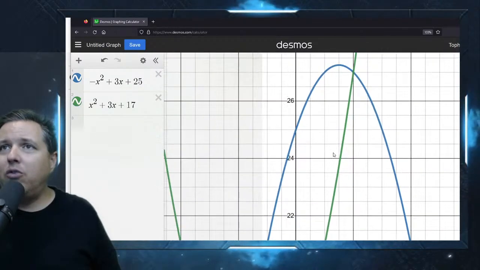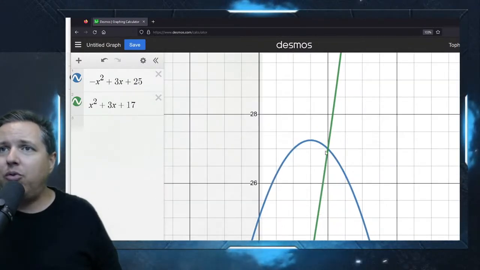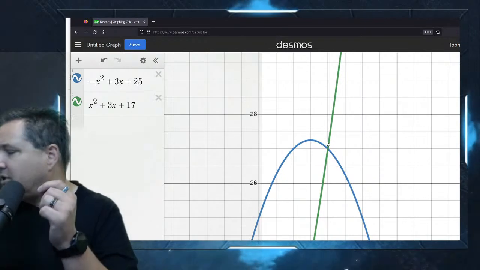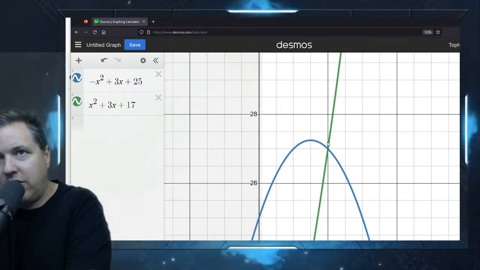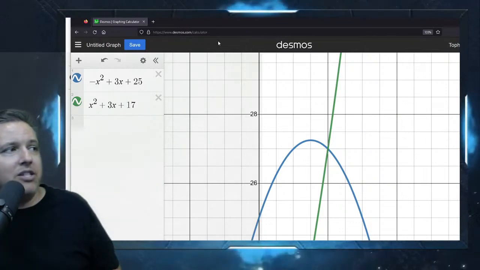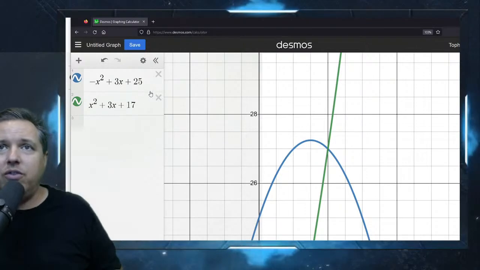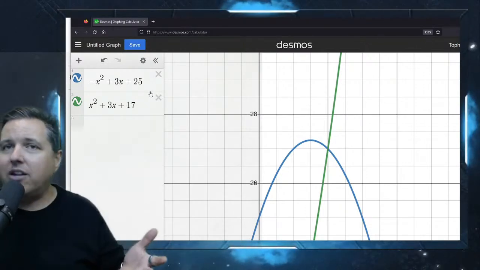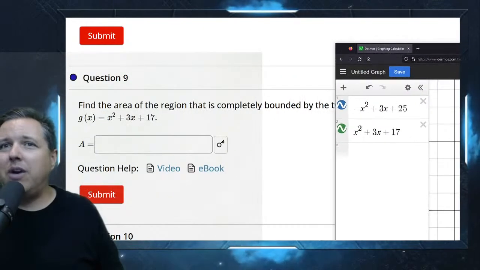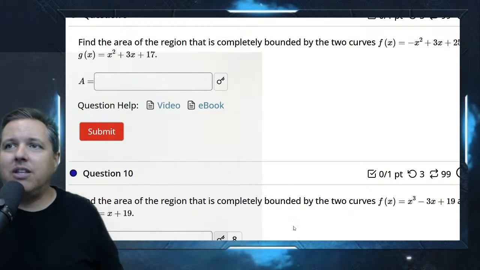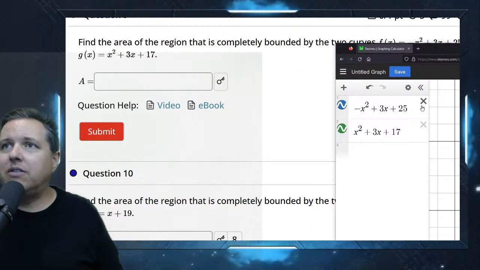If you can't tell by looking at the graph where the intersection points are, the way you get them is by setting the two functions equal to each other. Worst case scenario, set these two functions equal to each other and solve, and you're going to get 2 and -2. So you can always do it that way, but it looks like they're using ones that come out really nicely, at least for all of these.